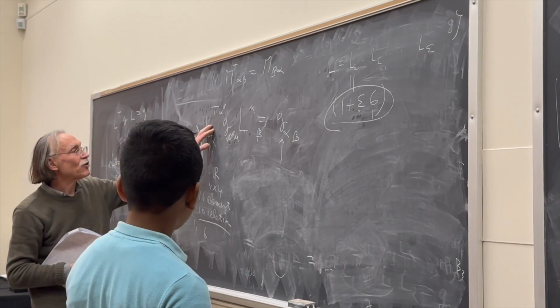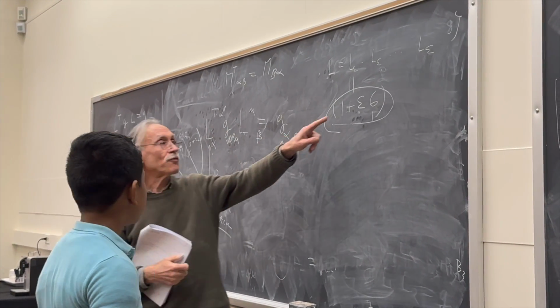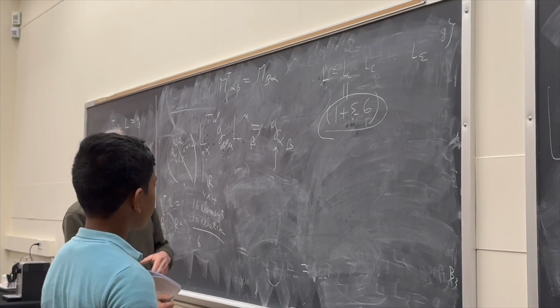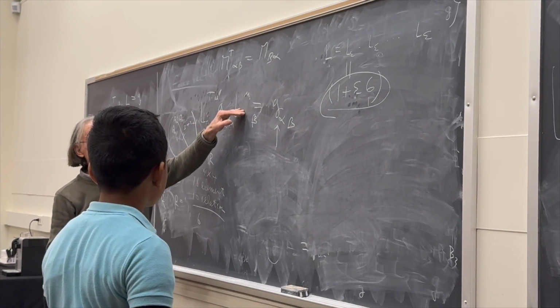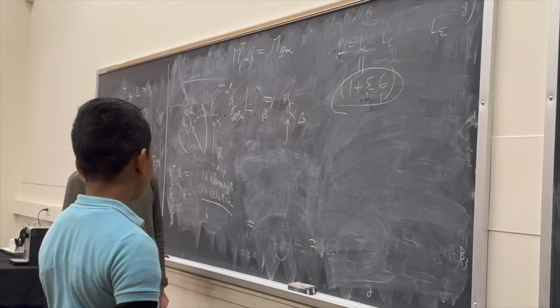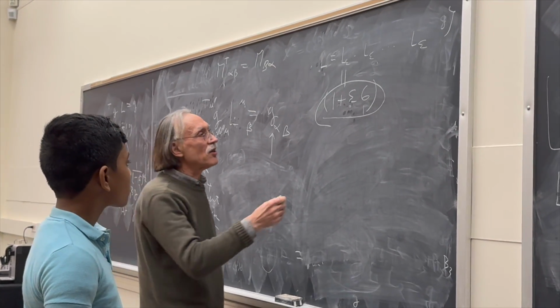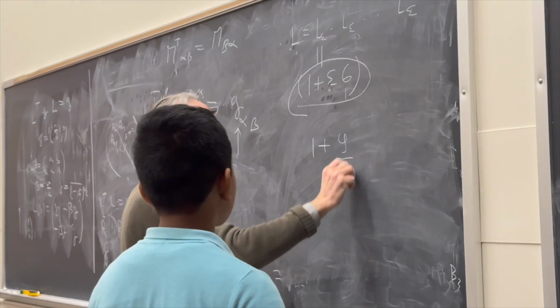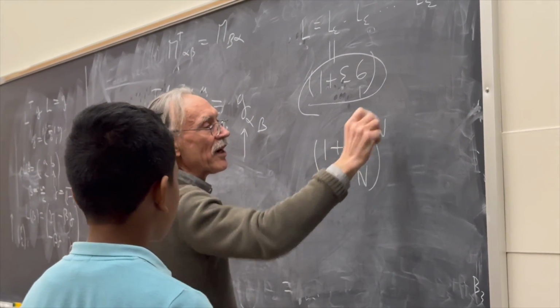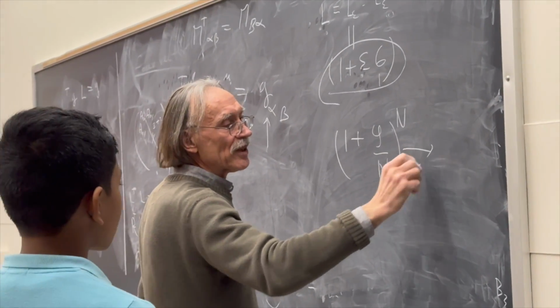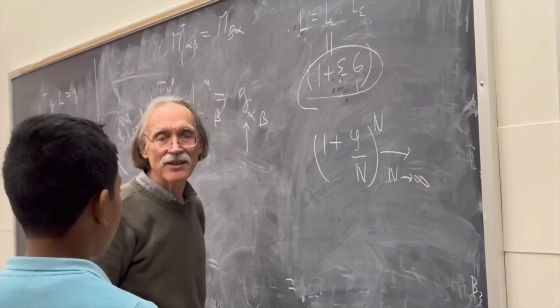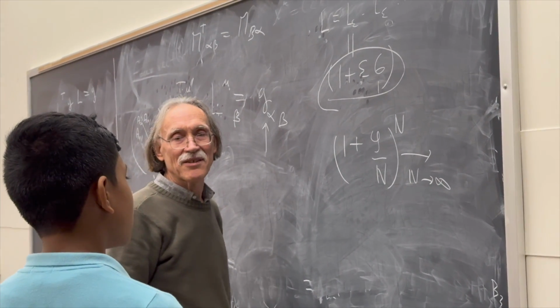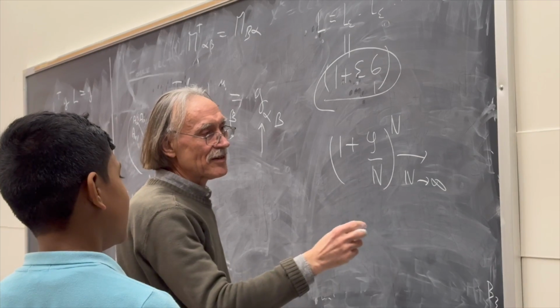And we are going to solve this relation to first order in epsilon. So we are going to Taylor expand this relation. And what we use is the following thing, this to the power n, and you know what it is, as n goes to infinity. Oh, this is e, isn't it?